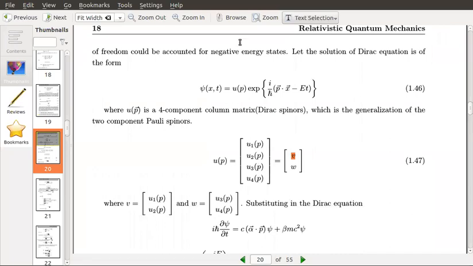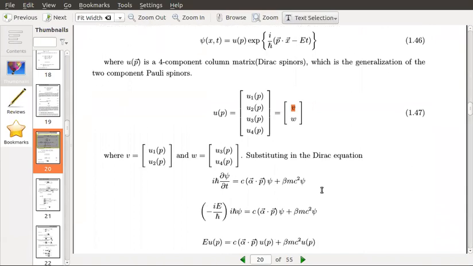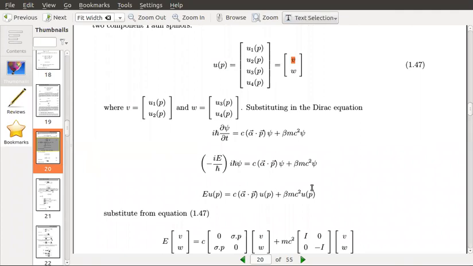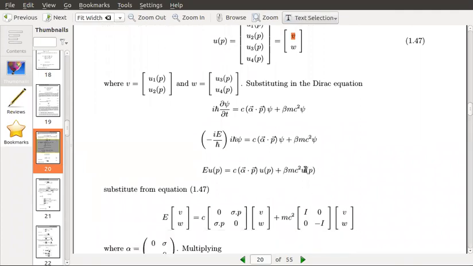Okay, then we substituted this expanded form of the plane wave solution into the Dirac equation, so that the Dirac equation becomes like this.